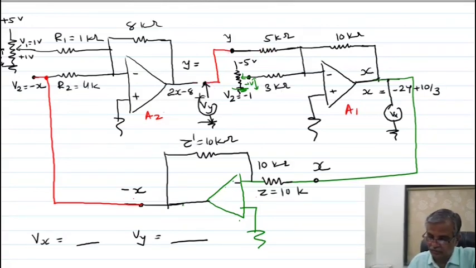So I have connected output Y to the input of A1. Now if you connect the meter between the output of A2 and ground, you will measure Vy, the solution. If you connect the voltmeter between the output of A1, that is at X, and ground, you can find the value of Vx.